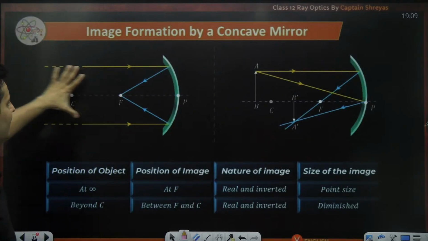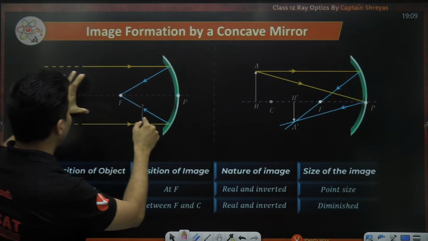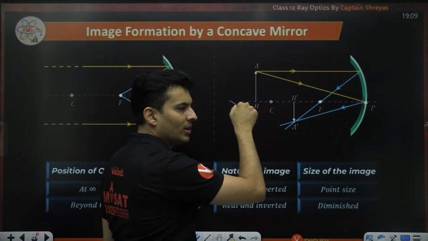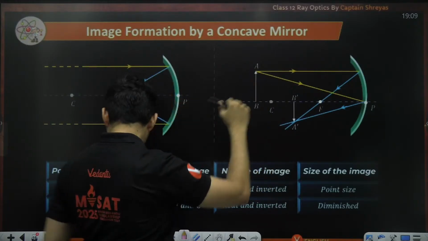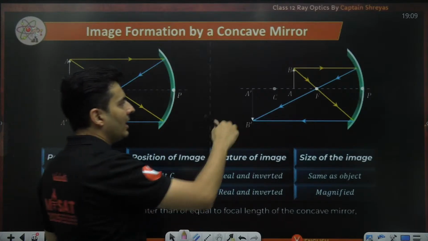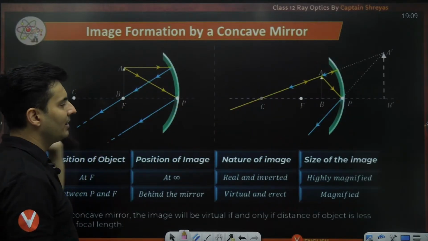When the object is very, very far, the image is formed at focus. As the object comes closer, the image starts to go away from the focus towards infinity. Finally, when the object comes to the center, the image is also at the center. And as it comes closer and closer, the image moves farther and farther.